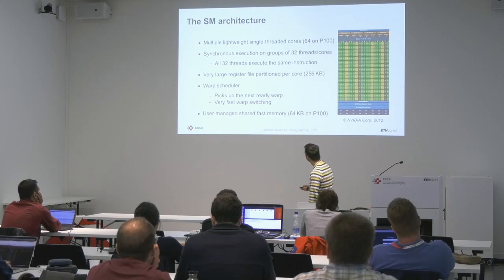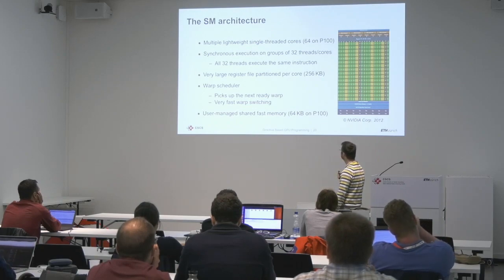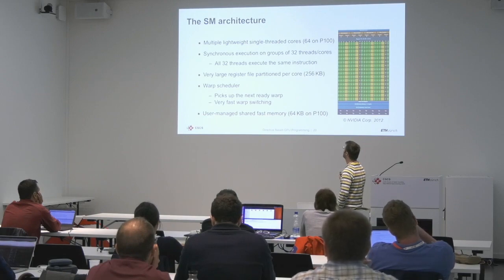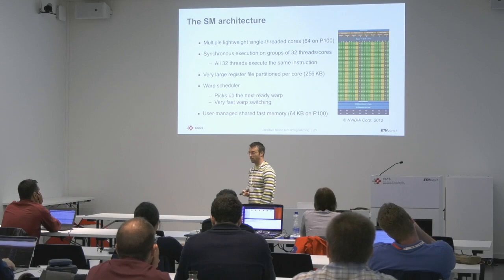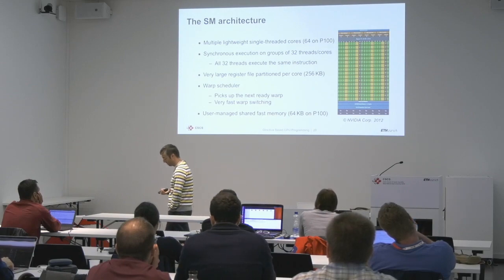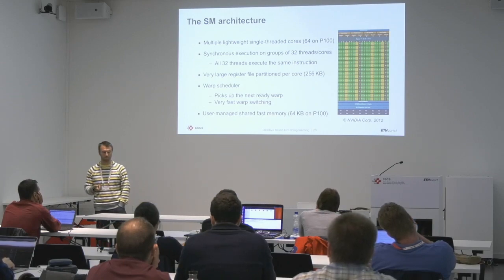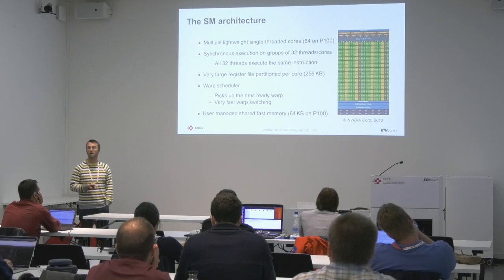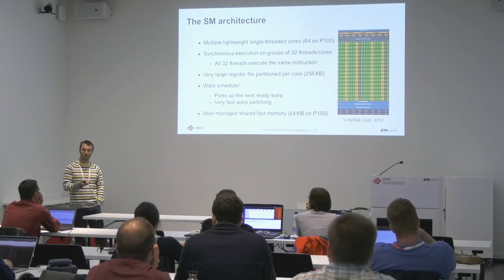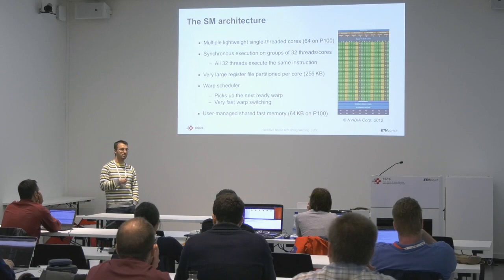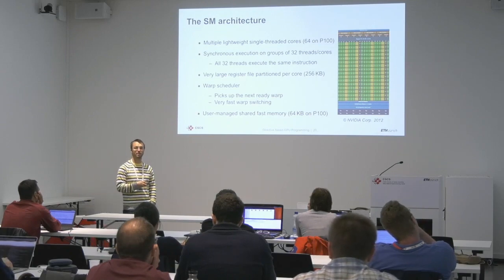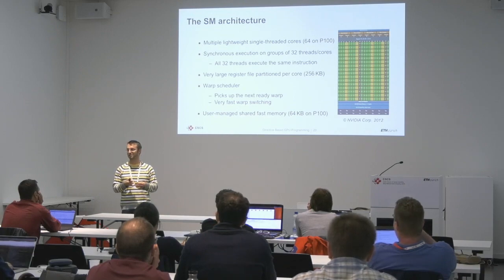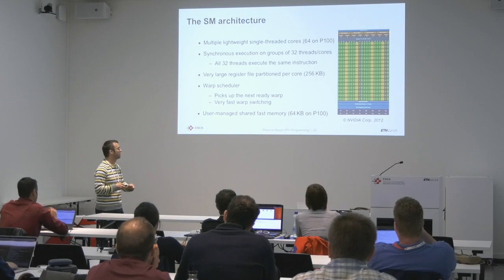Here you have 256 kilobytes of registers. So if you divide by 32, it's like 30K. Anyway, you have thousands of registers. That's a completely different notion. And we're going to see why you need so many registers. Any idea why so many registers are needed? We will see in a while.